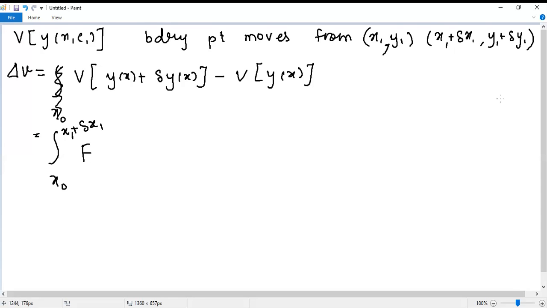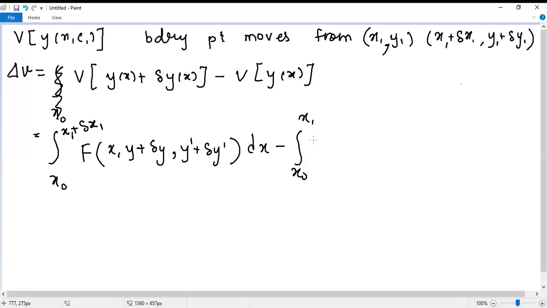But that x1, y1 is moving to x1 plus delta x1, y1 plus delta y1. So we calculate this curve, that is f of x, y plus delta y, y dash plus delta y dash dx, minus the integral from x naught to x1 of f of x, y, y dash dx.